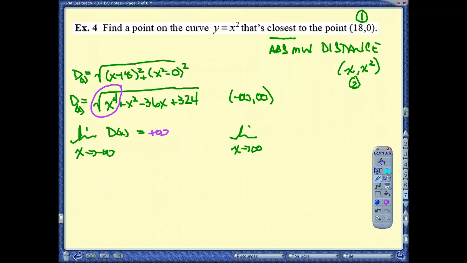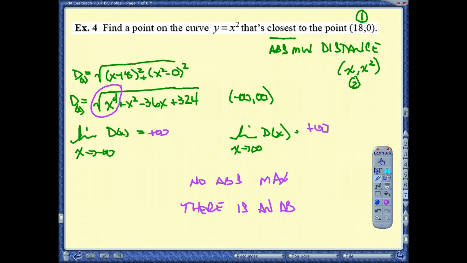So that's going to positive infinity. Same thing, we need to put our d of x in there, and that's going to positive infinity as well. So this tells us no absolute max, but there is an absolute min. And I will find it by finding those critical points.